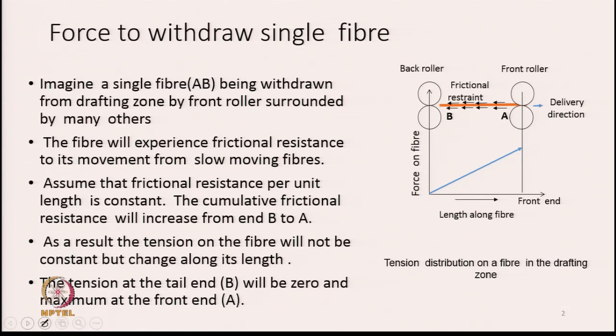We are continuously withdrawing the fibers, shuffling the fibers within the drafting zone, and as a result of this shuffling action or sliding action between the fibers, a lot of force will develop on the fibers, which we call drafting force.